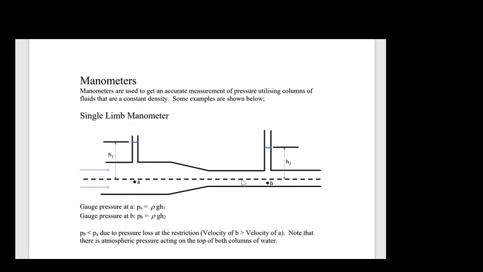Therefore the kinetic energy is going to be increasing if the total energy between A and B is the same. If the kinetic energy is greater here, and the potential energy is the same, this is a horizontal pipe here, the kinetic energy is increasing, therefore the energy associated with the pressure must be decreasing. So therefore PB is less than PA. So, a single limb manometer.